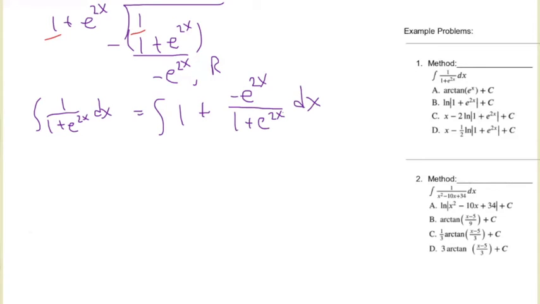Okay. So I don't know what to do with that negative sign. How about we do this? Let's split this into two separate integrals. This is the integral dx minus the integral of e to the 2x over 1 plus e to the 2x dx. All right.